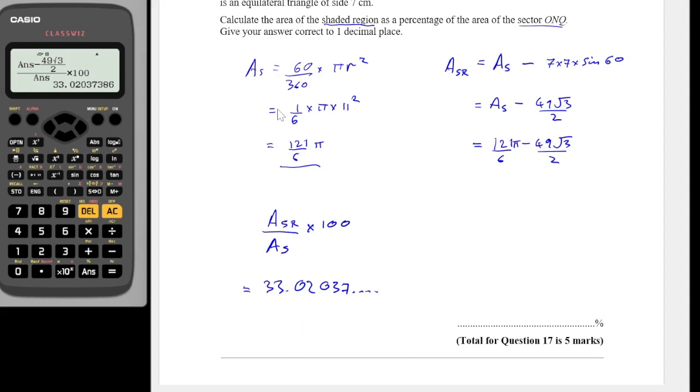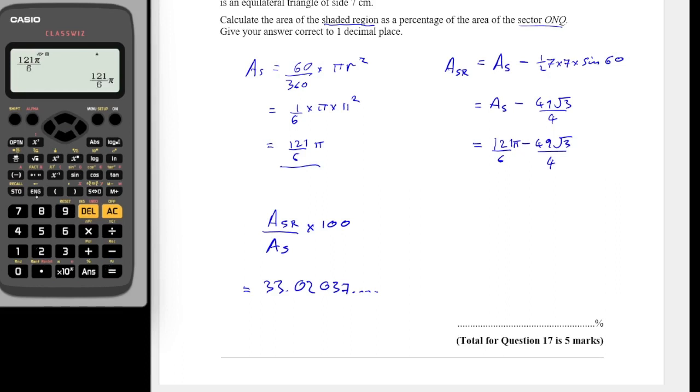And I've just spotted a mistake. Fairly common for my mistakes. This should have been a half. So this should have been 4. Right, so let's type that in again. Apologies for that. So 121 pi over 6, so that's my answer.